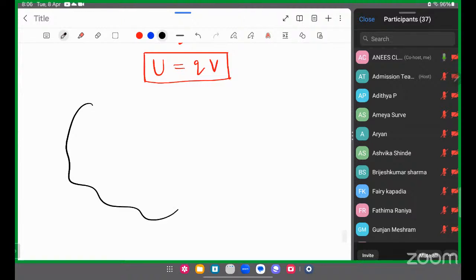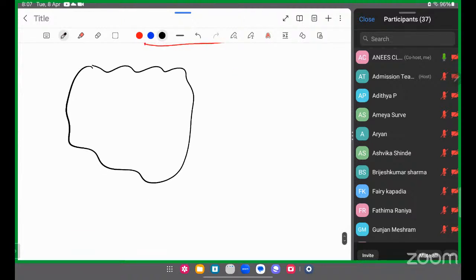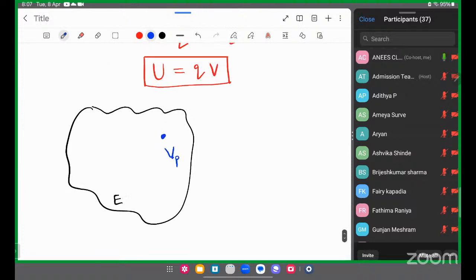This concept works in this sense. Let's say this is a region in which an electric field is present, and in this electric field there is a point P which has potential Vp, and there is a charge Q at infinity which is taken from infinity to this point by any path. It doesn't matter whatever the path, the value of the potential energy will be the same.